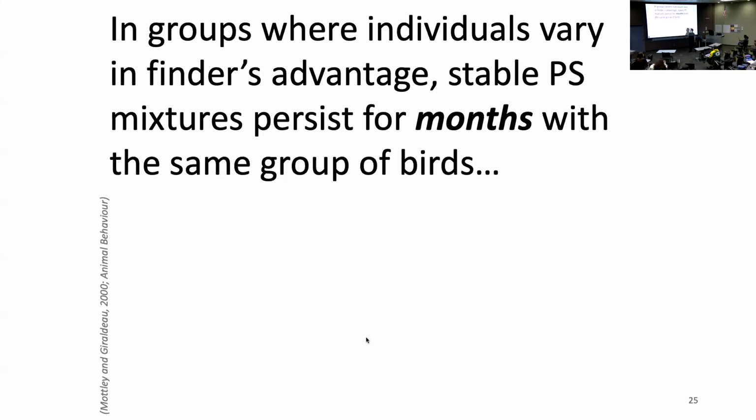But here's the crazy part. You can put six birds in, see who's a producer and scrounger, put them in a cage, and six months later take those same six birds out and test again. You get the same producers and the same scroungers. Maybe that's not that surprising.